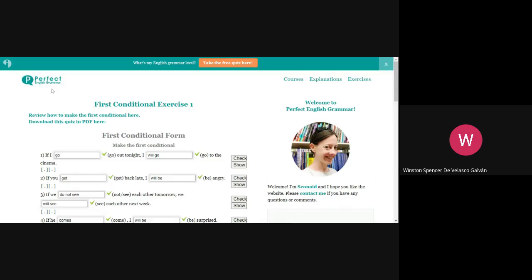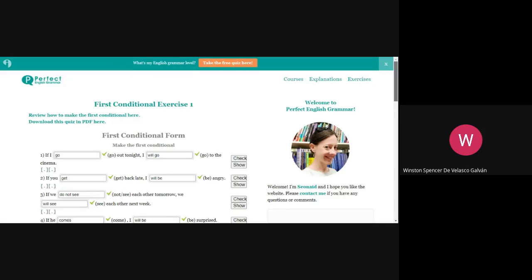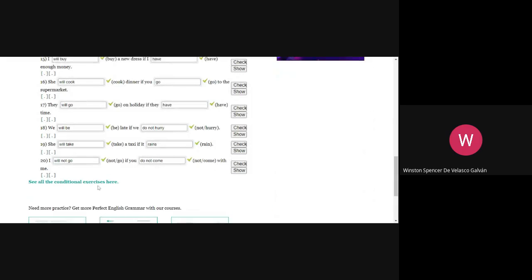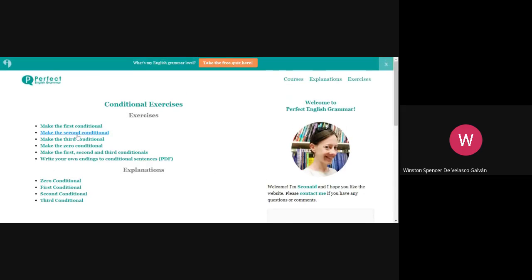The name of the site is Perfect English Grammar, and it not only has exercises for zero conditional or first conditional. You have exercises for all the conditionals: conditional 0, conditional 2, conditional 3, and so on. So if you have the time, you should check it, because it's a good one.